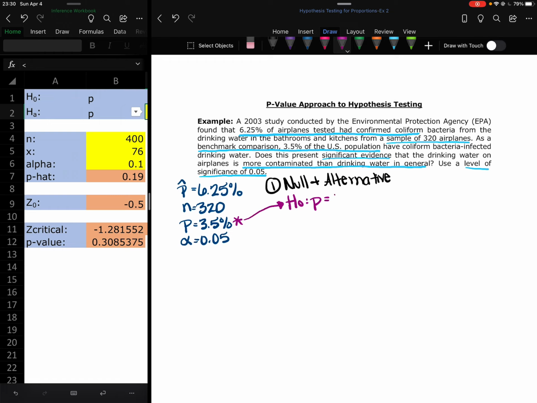That's what your null should be. And then Ha, we want to know if airplane water is more contaminated than that. So p is greater than 0.035. So in this case, we have a right-tailed test.